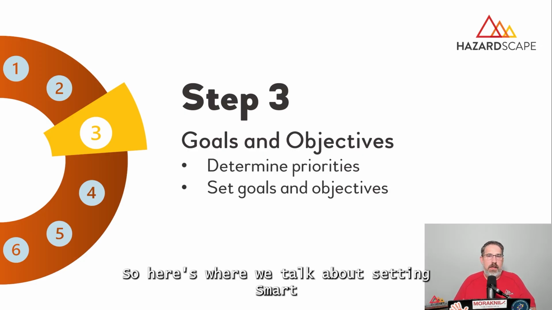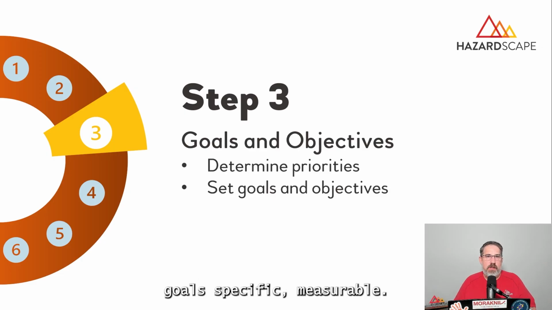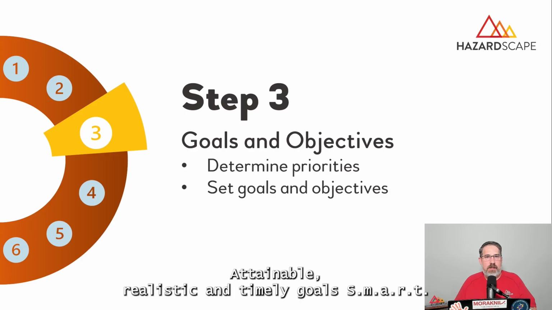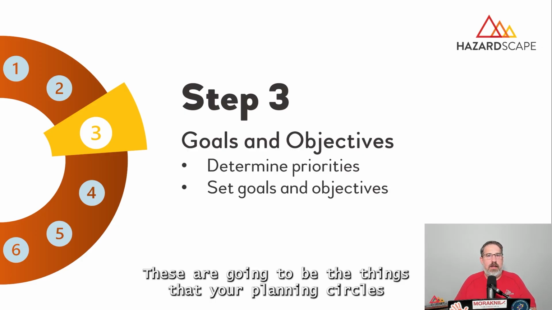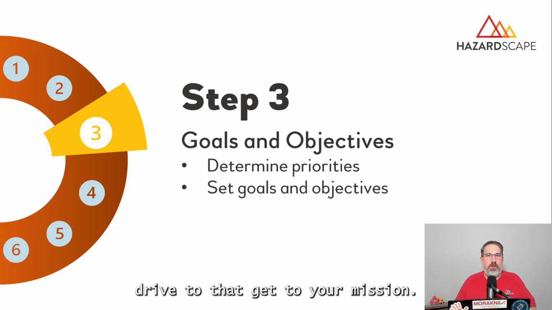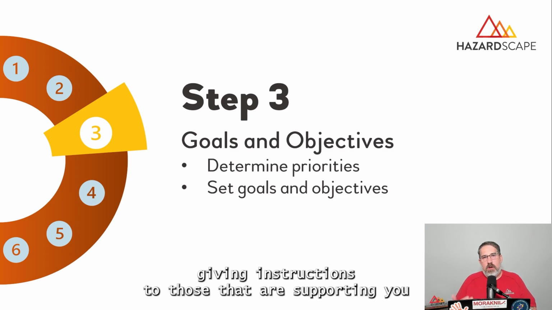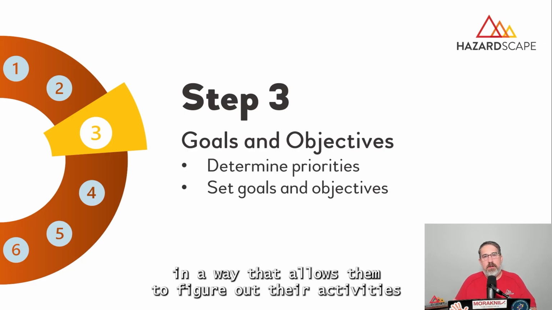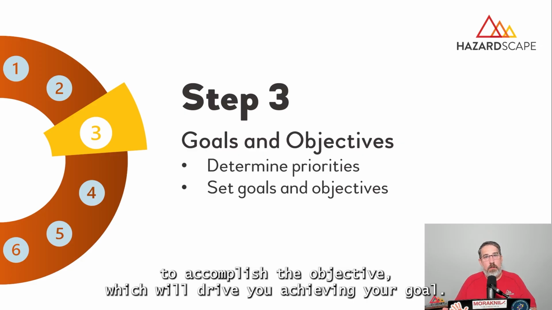So here's where we talk about setting SMART goals: specific, measurable, attainable, realistic, and timely goals, SMART. These are going to be the things that your planning circles drive to, that get to your mission. And then setting objectives is about giving instructions to those that are supporting you in a way that allows them to figure out their activities to accomplish the objective, which will drive you achieving your goal.